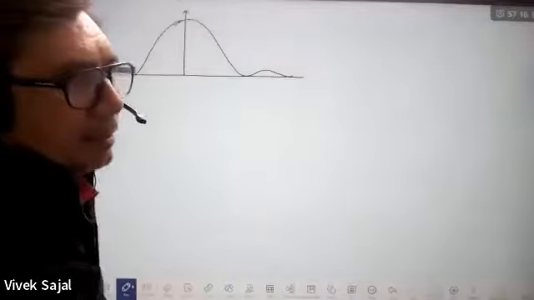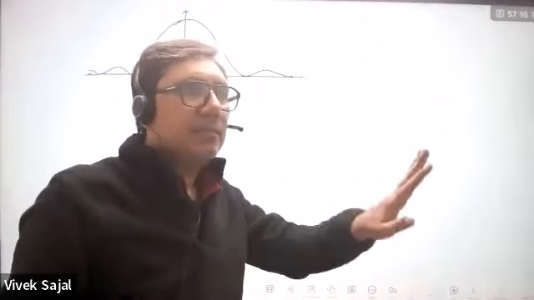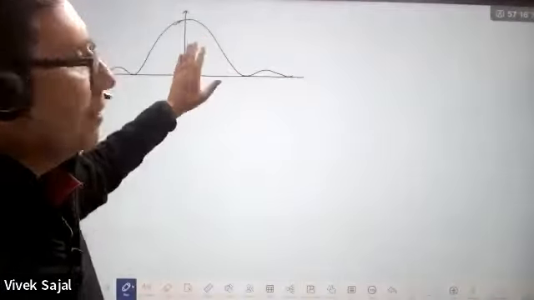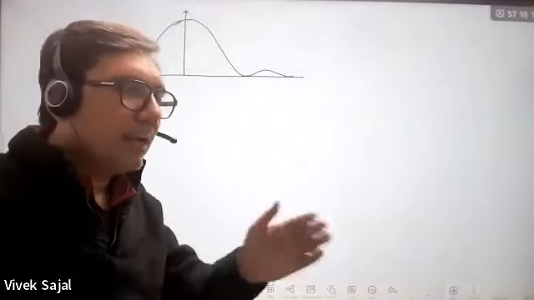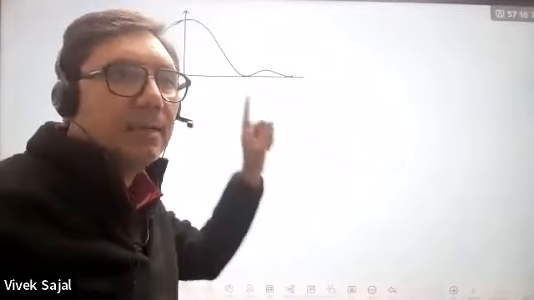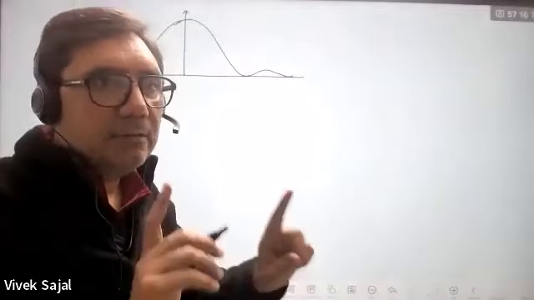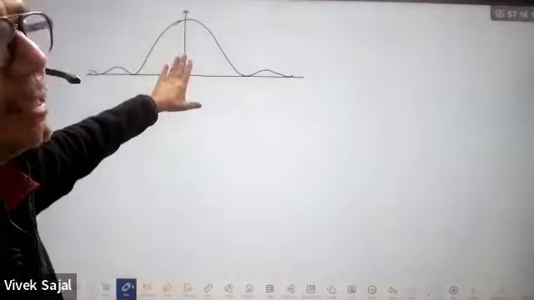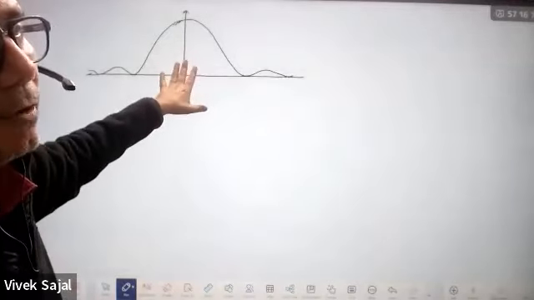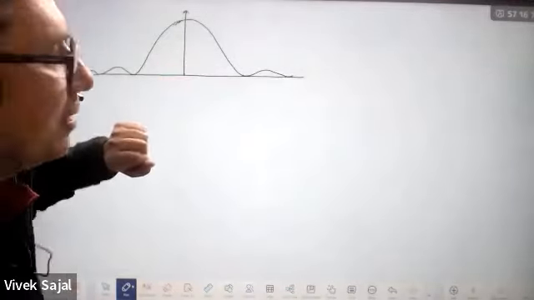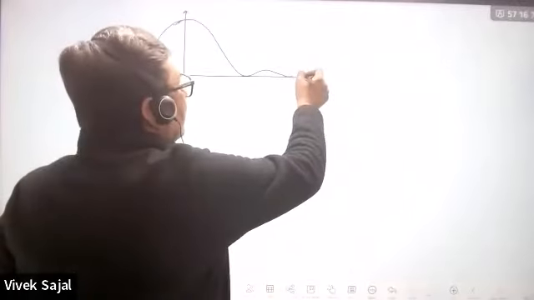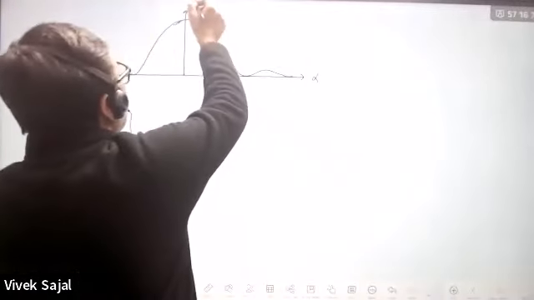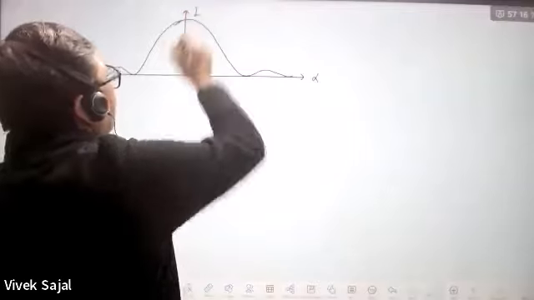If only first slit is there, you will get this intensity pattern on the screen. If you are having only second slit, you will get this pattern. So individually these slits are producing this single slit diffraction pattern for intensity. Here this will be alpha, and here this will be the intensity.